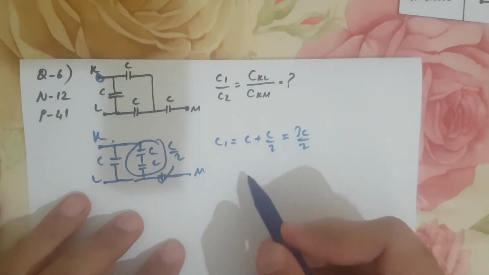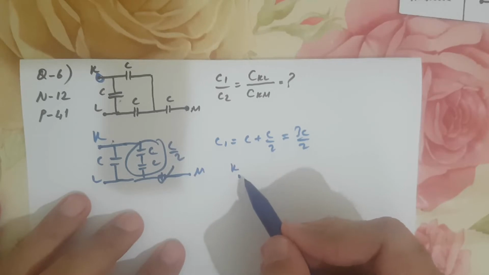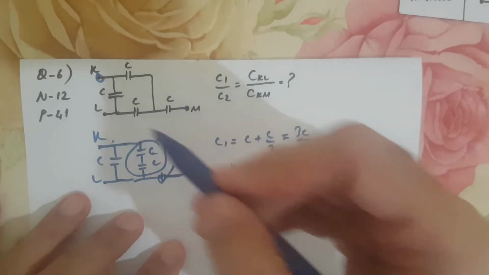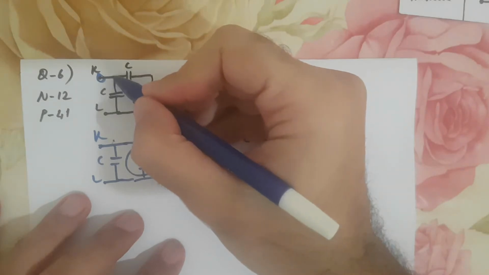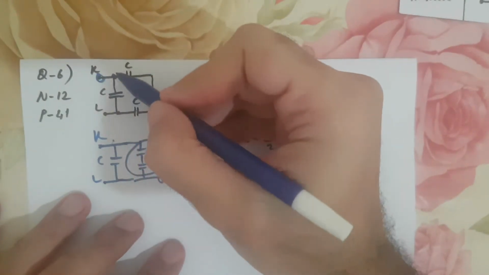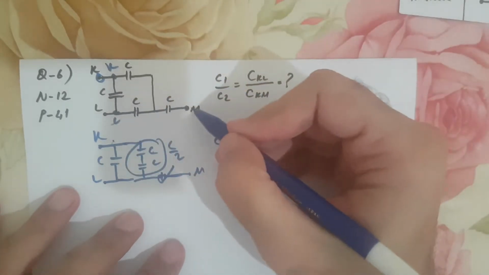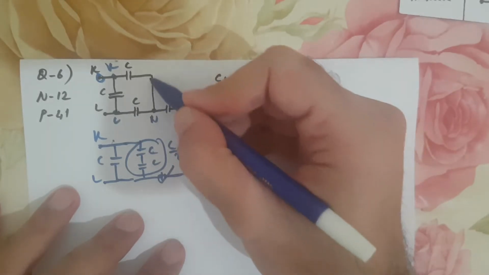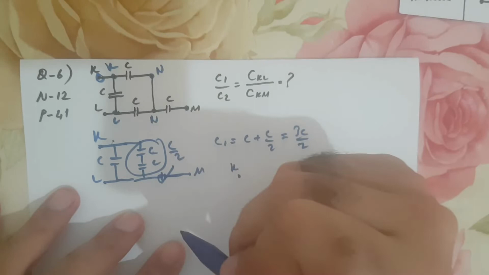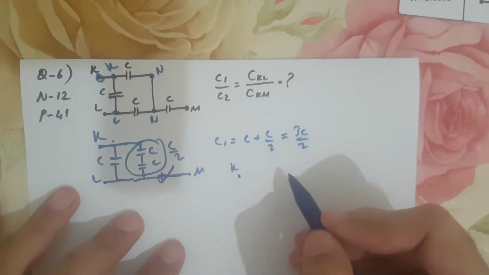Okay, what about KM? For KM, no need to cancel anyone because it starts from here and ends here. Now let's draw the easy circuit, how it looks like. I suggest you use this method. This point is K, this point is L, as you see. But for this M, there's a capacitor, and this point is a different point, let's say N. Here the N. So how to do it?